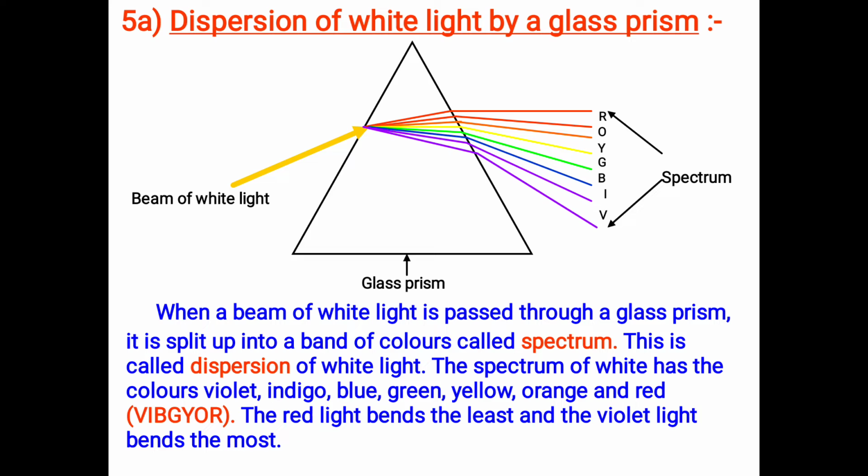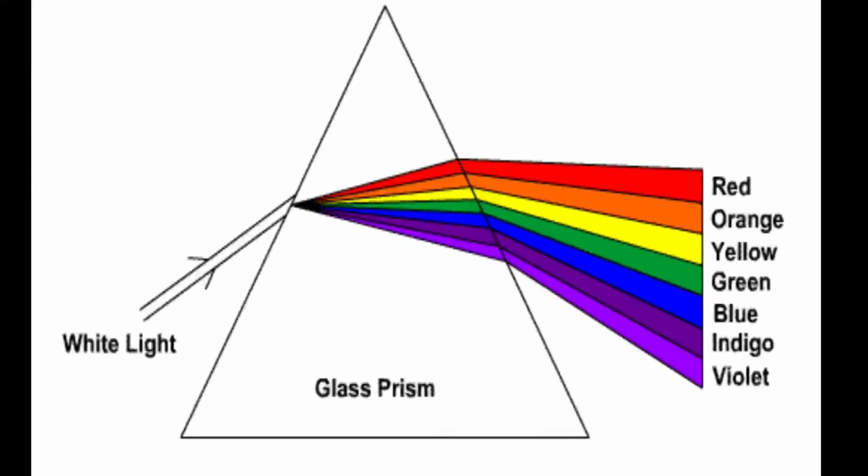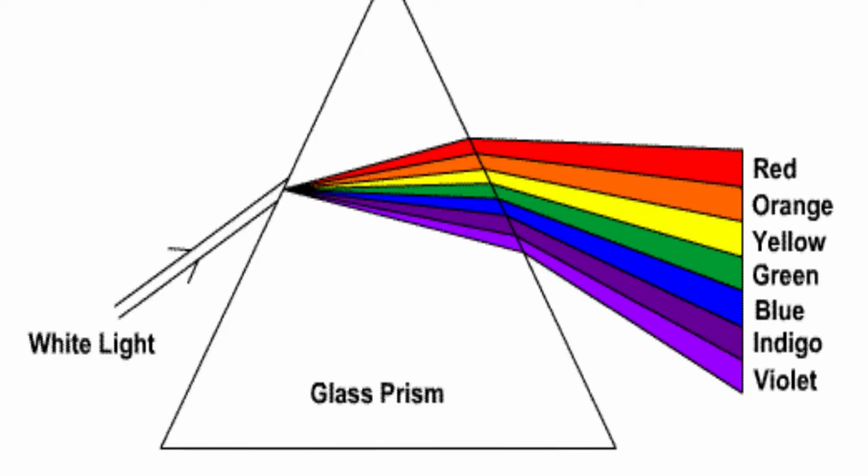This is called dispersion of light. The spectrum of white light has the colors violet, indigo, blue, green, yellow, orange and red. Red light bends the least because of its higher wavelength, and violet light bends the most because of its lower wavelength and higher frequency. So the different colors have different bending natures because of different wavelengths.